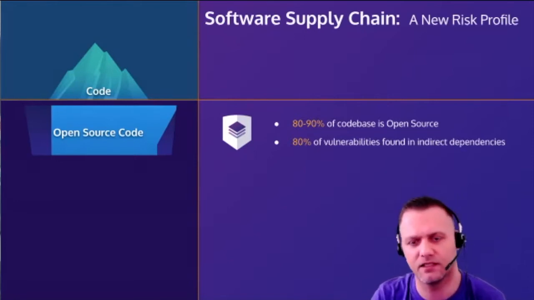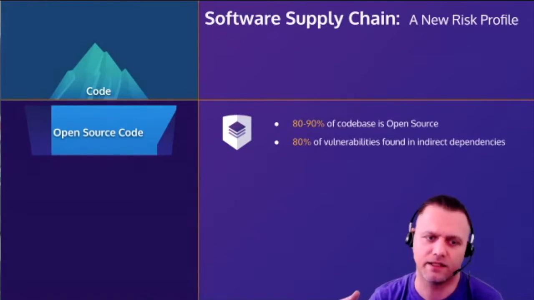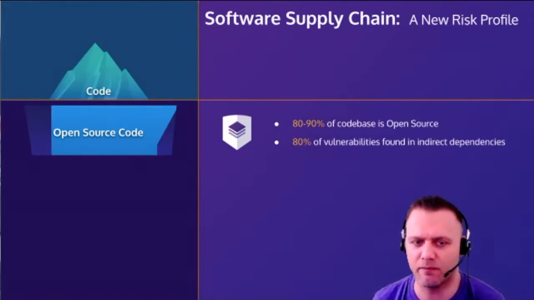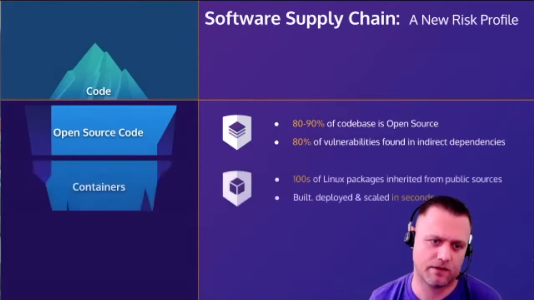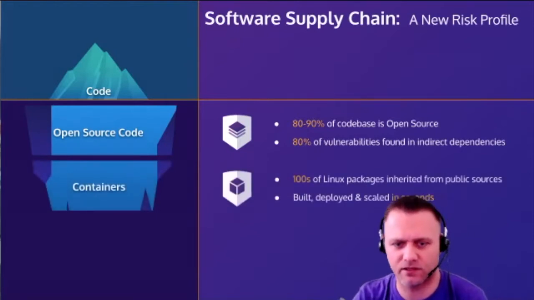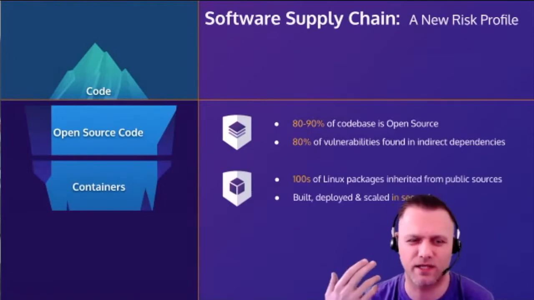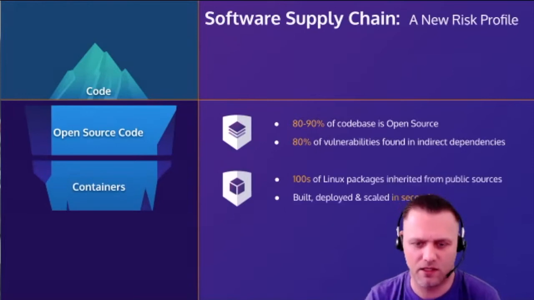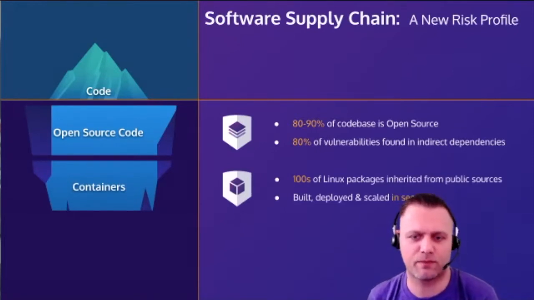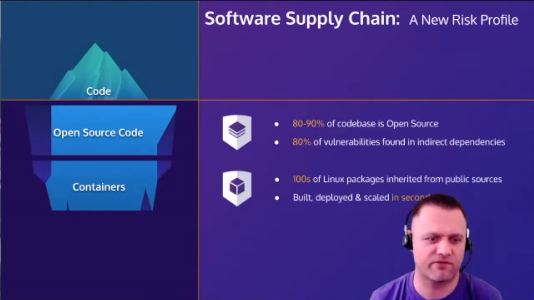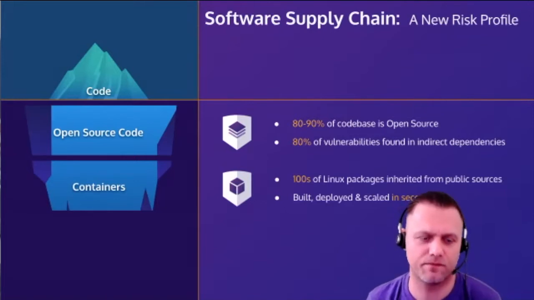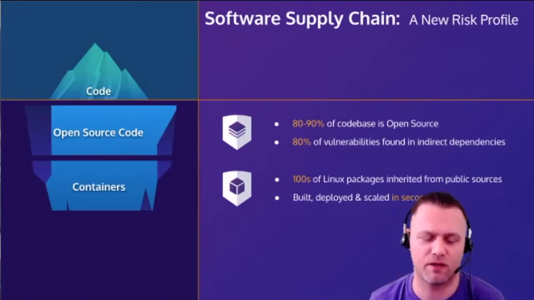They might be somewhere underneath in an indirect dependency, maybe on the second or third or even fourth level, so it's hard to detect and be aware of that. This is one thing: open source dependencies that I rely on because I want to develop my application faster. My goal is, of course, that I don't want to care about security so much. I want to develop my business application and go to market early and fast.